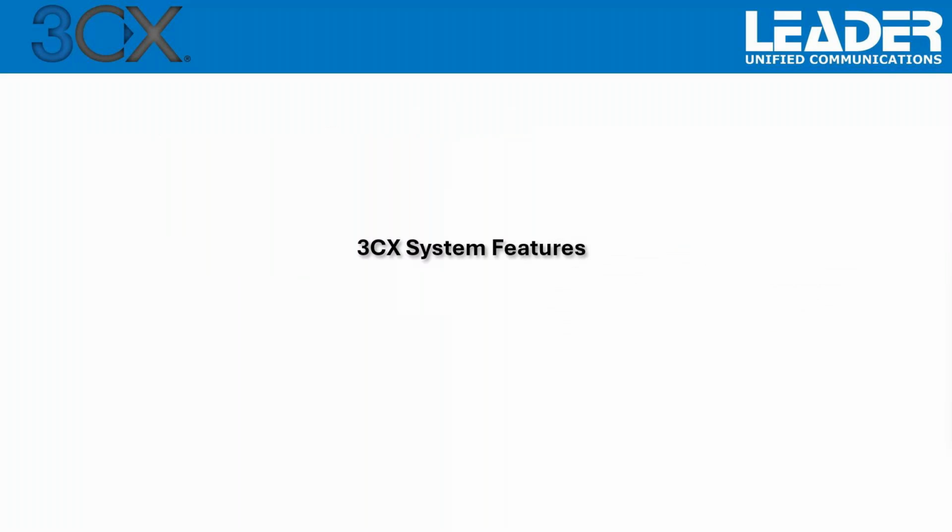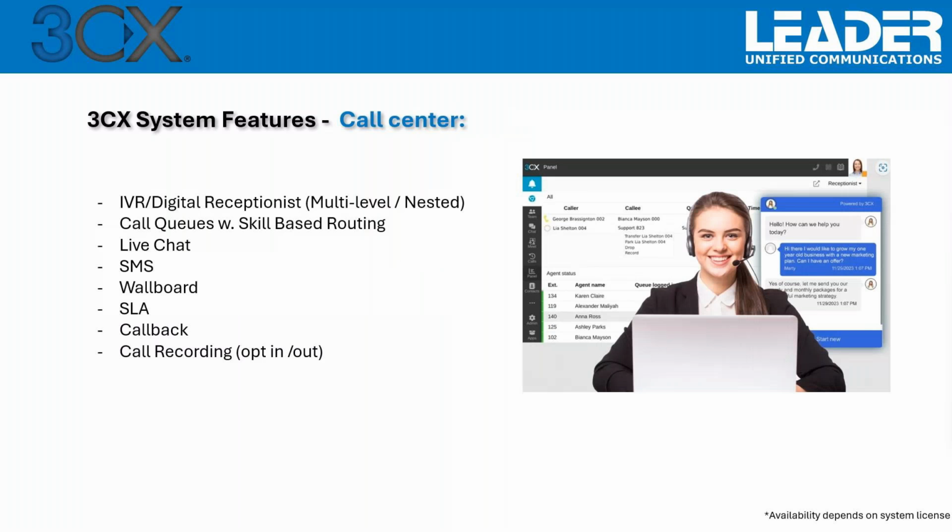System features. When we look into call center availability or possibility with 3CX, we have the opportunity to use IVR digital receptionist. We can set that up in CID-based call routing.